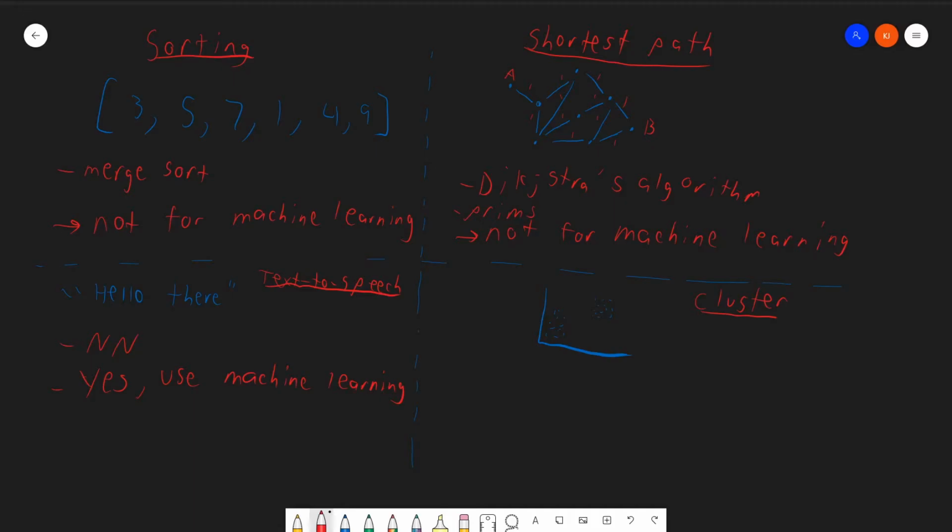For this clustering issue, it depends on what you're asking. If you're asking, can you cluster this data, and then if I give some data point, you tell me what cluster it's in, and from that cluster, give me some output, you might be using a supervised learning algorithm such as k-nearest neighbors.